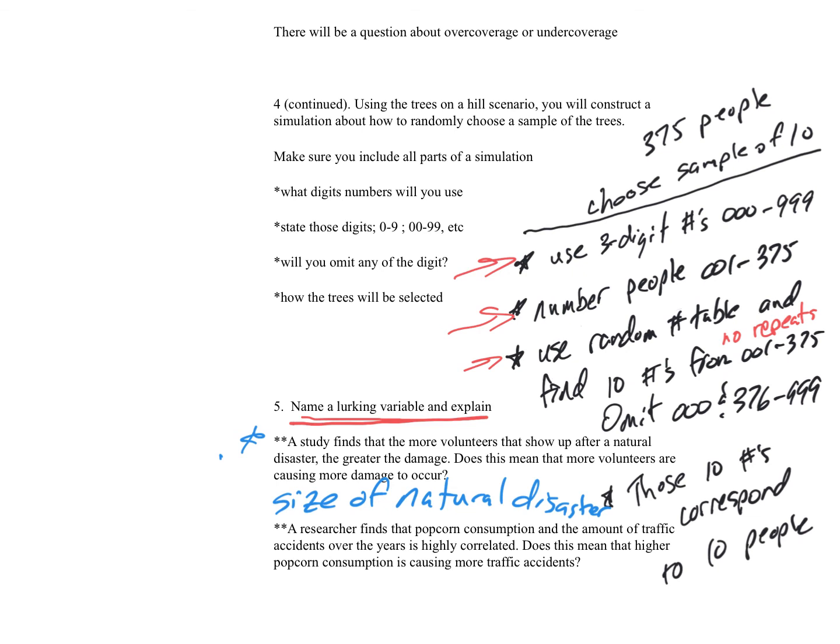And lastly, ladies and gentlemen, a researcher finds that popcorn consumption and the number of traffic accidents over the years is highly correlated. That means more popcorn eaten, more accidents. Does this mean that higher popcorn consumption is causing more traffic accidents? We know that that's not true, but what is my lurking variable in this example?